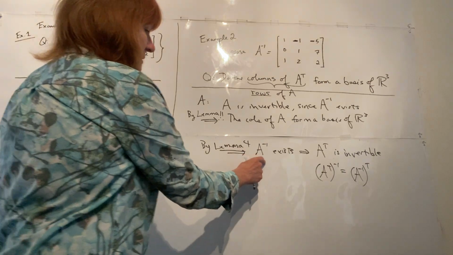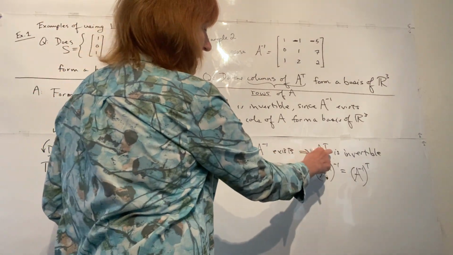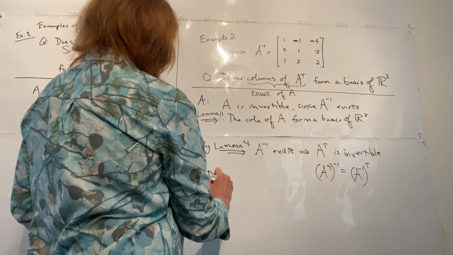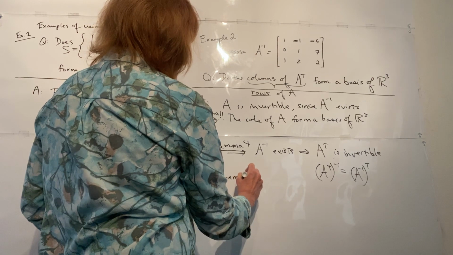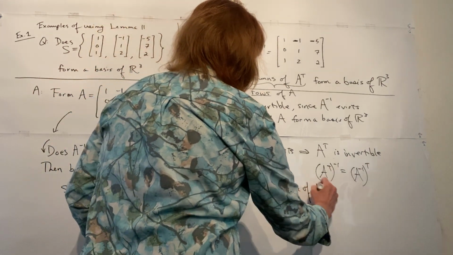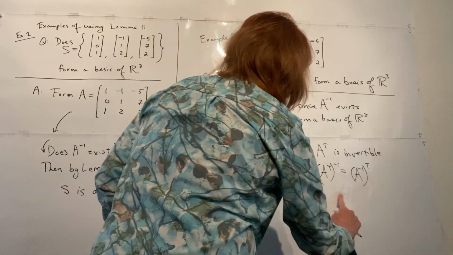So by Lemma 4, if we have A is invertible, then we have that A transpose is invertible. And by Lemma 11 again, that implies the columns of A transpose form a basis.